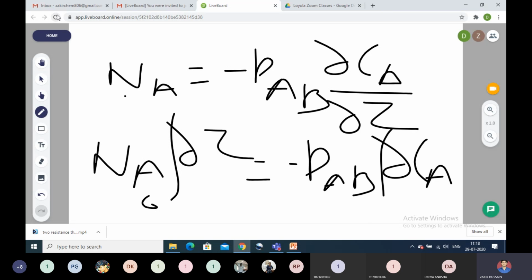The limits of Z are: when Z is equal to 0, the concentration is CAI; when Z is equal to some Z, the concentration is CA.